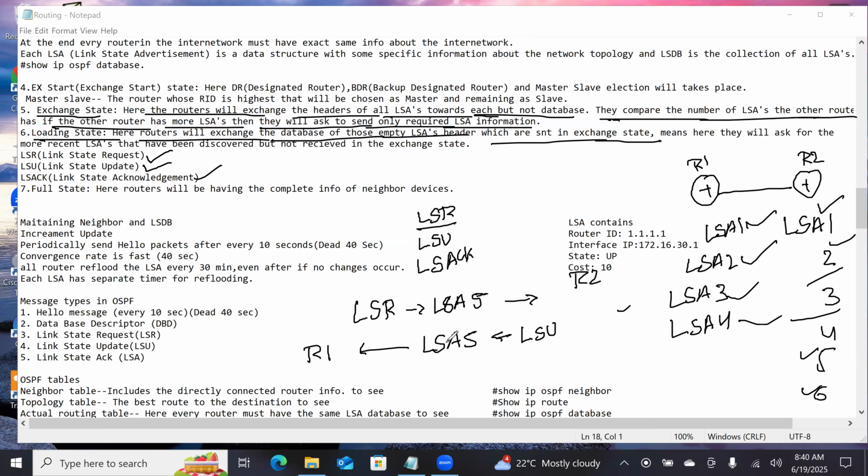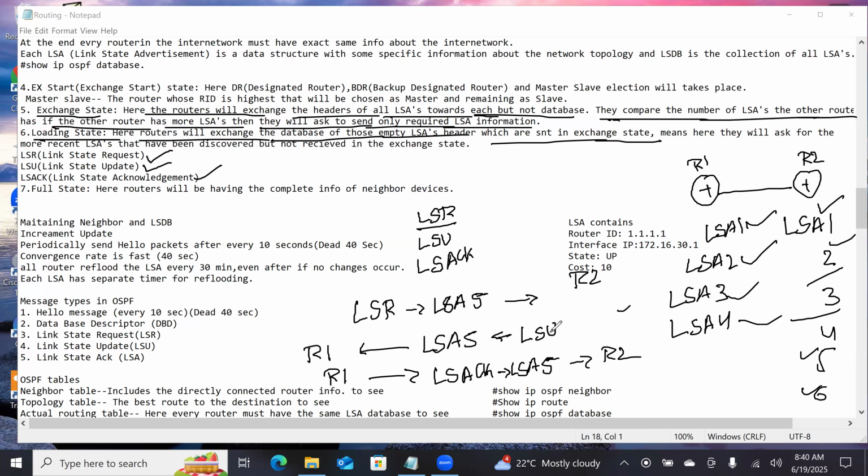Okay, once the LSU reaches router 1, it will acknowledge it. Router 1 will send the acknowledgement for LSA 5, and that will be given to router 2.